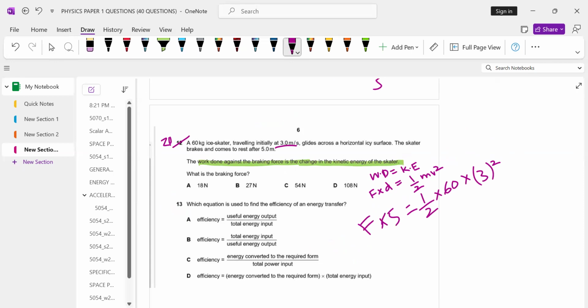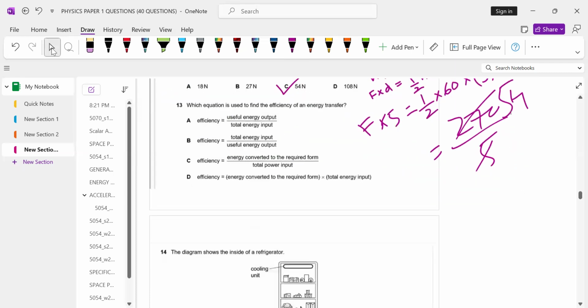So let's put this value in the calculator. 60 into 3 squared gives 270. 270 divided by 5 gives 54. So option C is correct for question number 30.